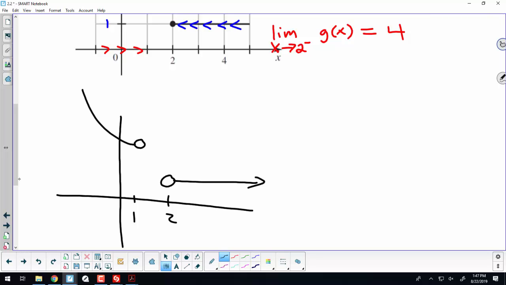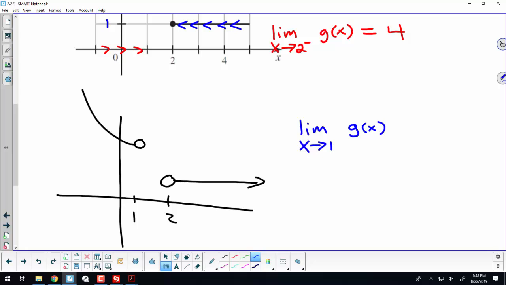We have a different situation, because I can only approach 1 from the left, and I can only approach 2 from the right. You could ask the question, what's the limit as x approaches 1 on this function? It wouldn't exist?